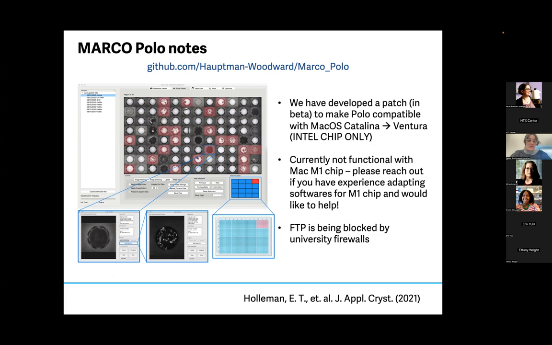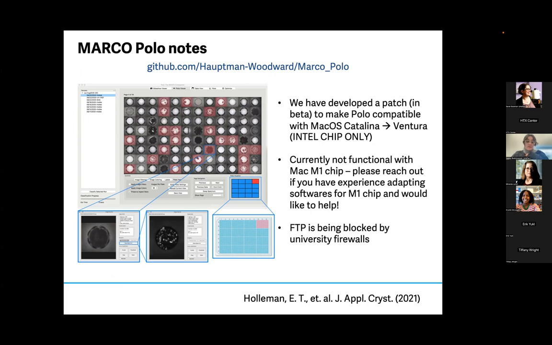And the last thing I want to mention here is that our file transfer program is being blocked in many cases by university firewalls. And so if you try to log into your FTP and you can't for some reason, one of the reasons may be that your university firewall is blocking it. What we have recommended for users in the past is to try and access the FTP using maybe your personal Wi-Fi or a coffee shop Wi-Fi, because we unfortunately are not able to surpass these firewalls.